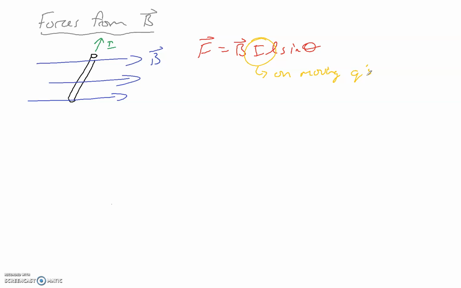So if we go back, you actually learned this in grade 9, current is defined as the rate of charge flow, delta Q over delta T. If we put that into the expression, we can see something else. The magnetic force is equal to B, and put delta Q over delta T in there, times the length sine theta.